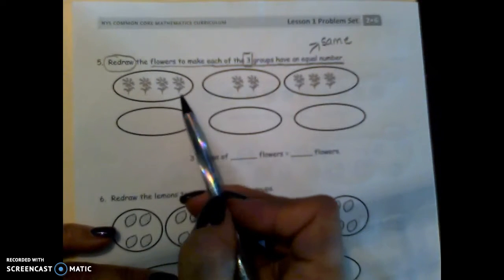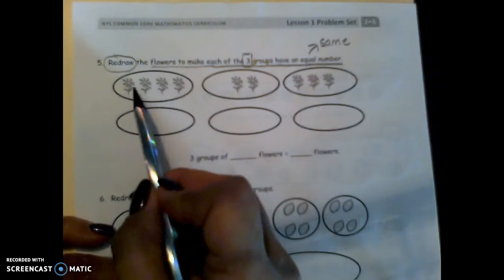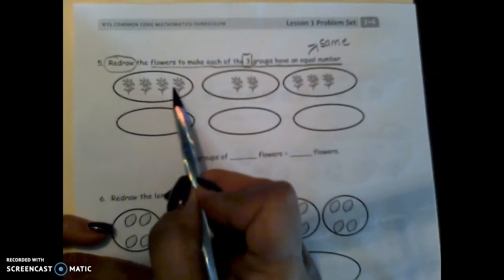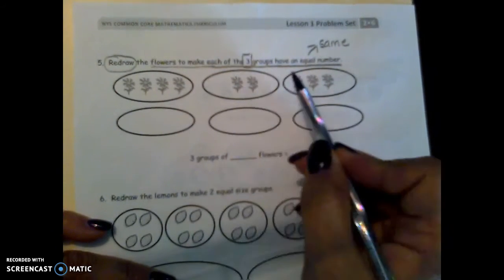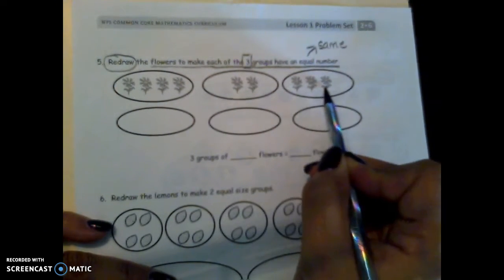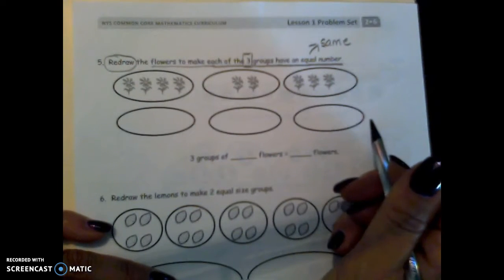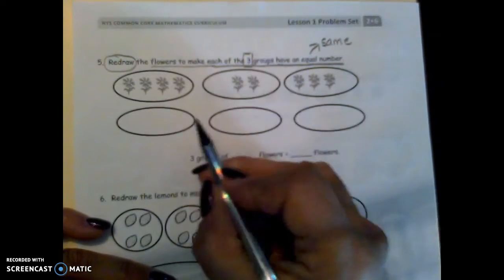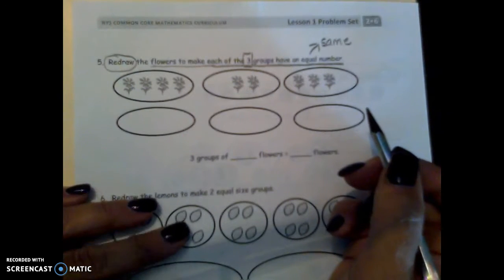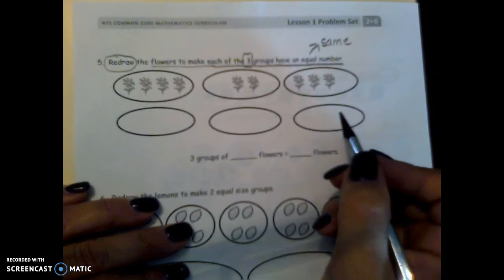Okay, so we need to count to see how many flowers we have total. There's 1, 2, 3, 4, 5, 6, 7, 8, 9. I know that there are 9 flowers, and I need to have 3 groups that are equal amounts.